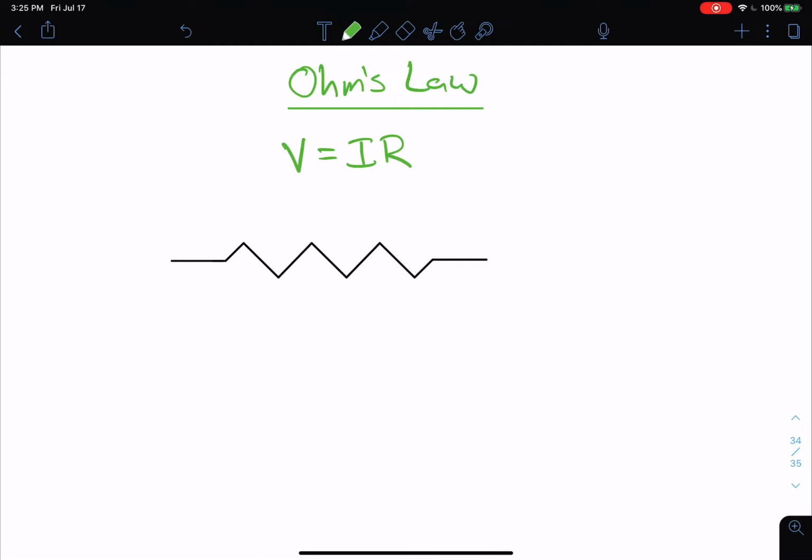So when I'm talking about V, the voltage drop across the resistor, you want to look at the points at the beginning and end of the resistor. If we look at those two points, we could measure the potential at each point. So let's say that the potential over here, we'll call this point A and this point B. And so I'll say that the potential at A, and I'm just going to make up a number here, is 100 volts.